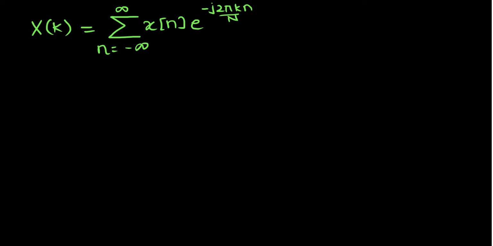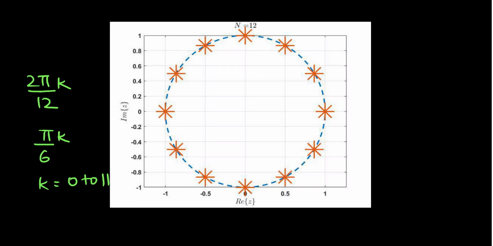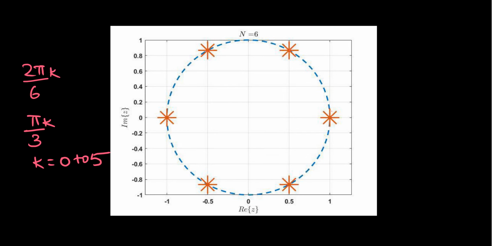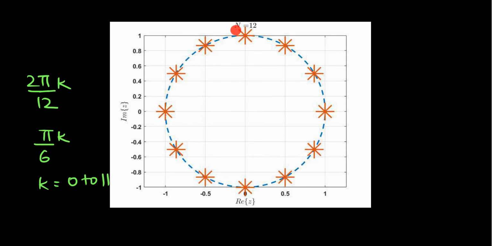So basically what we have is omega to be substituted, or discretized, as 2 pi k by n, where this k is ranging from 0 to n minus 1. Now one more thing that we need to observe here is, as we increase the value of n, we are approaching more towards the unit circle.